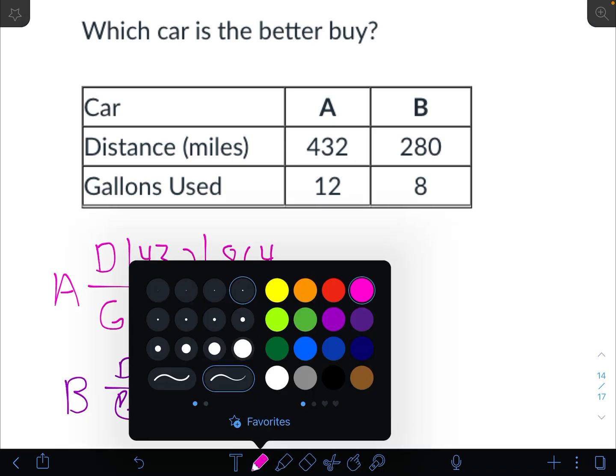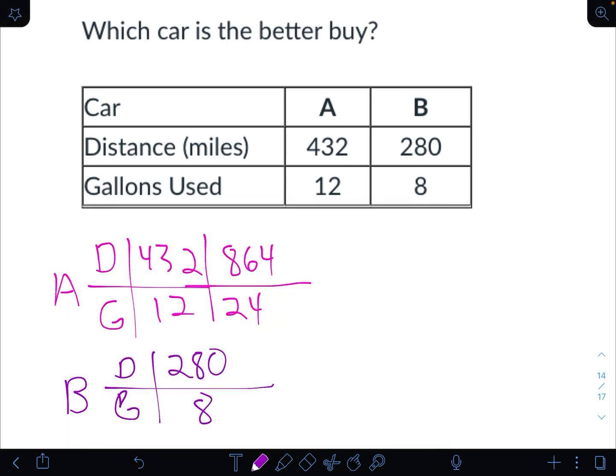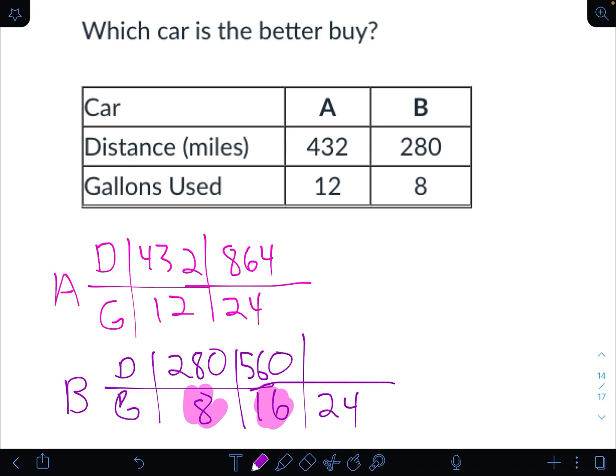And can 8 go into 24? It can, 3 times. Now, you could triple 8. That's work. But if you double 8, you get 16. And if you double 280, you'd get 560. And then you could say, wait a second, 16 plus 8, that's 24.